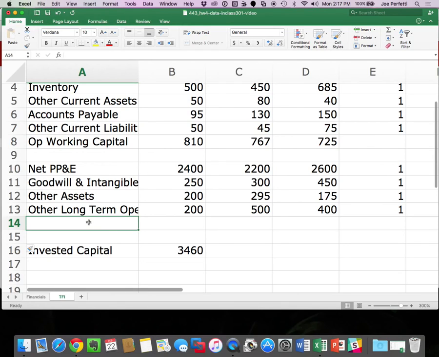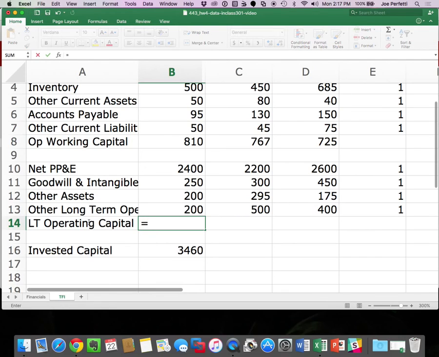I could always call this my long-term operating capital, so that I take the net PP&E plus the goodwill plus the other assets minus the long-term operating liability, and then I could basically add that plus that, and I could still get the same answer.